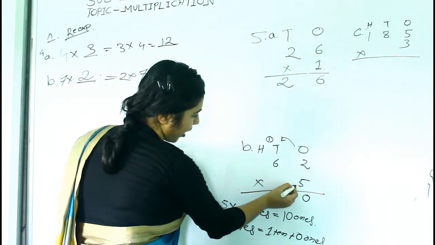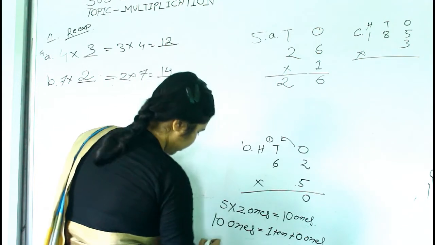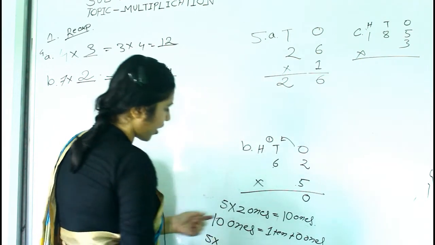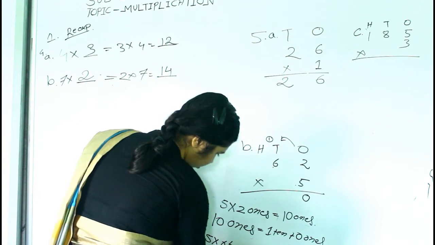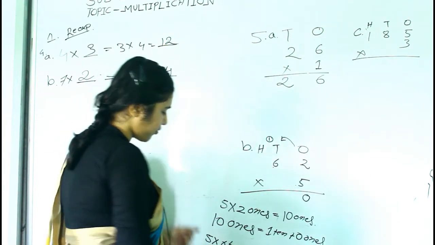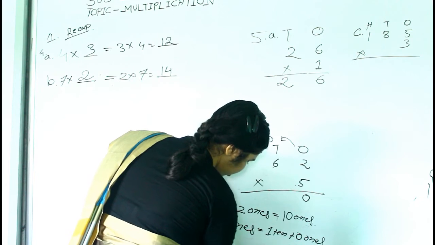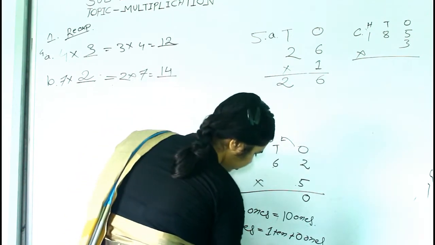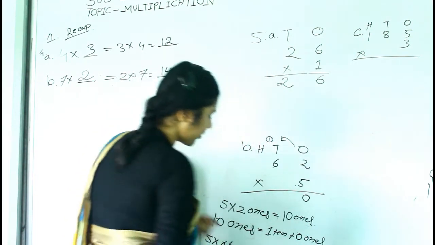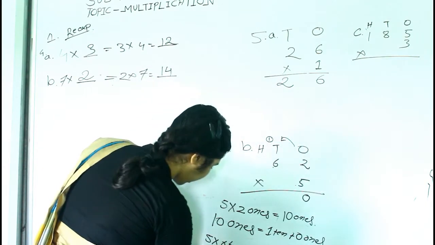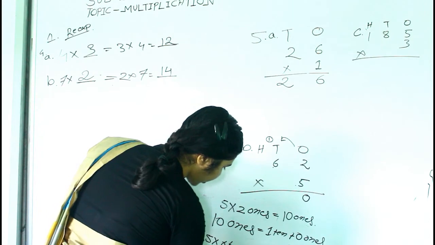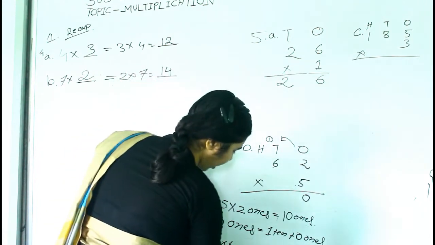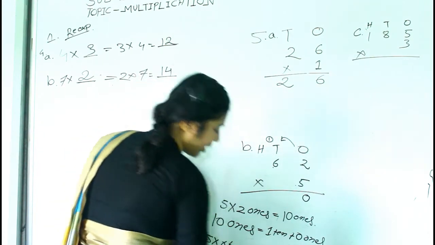Now multiply 5 with 6 tens, which is equal to 5 sixes are 30 tens. Again regroup this number. 30 tens is equal to 300 plus 0 tens.